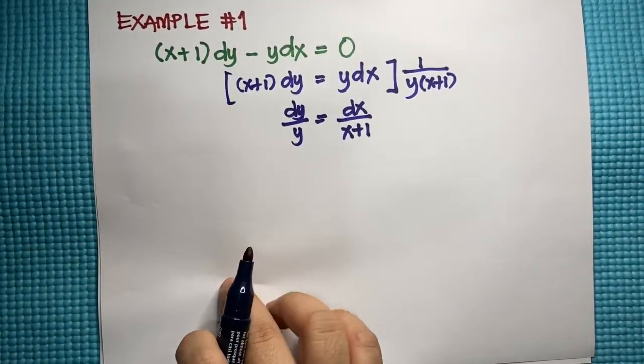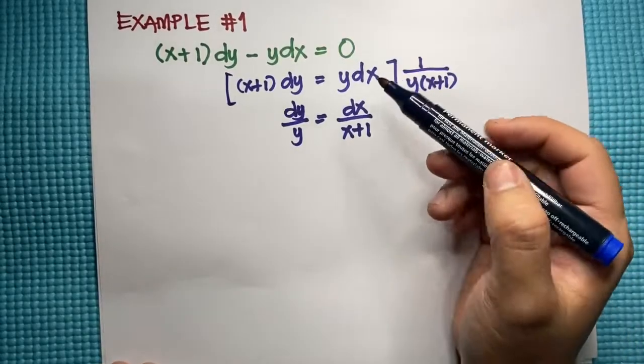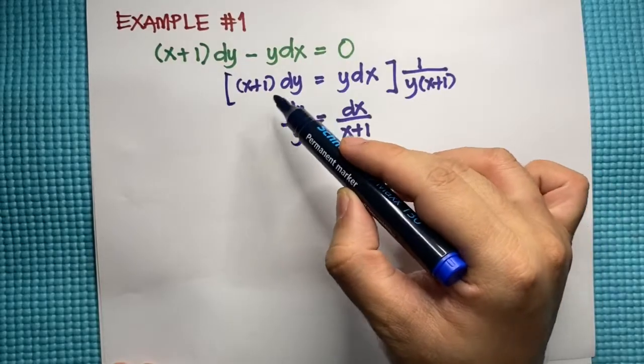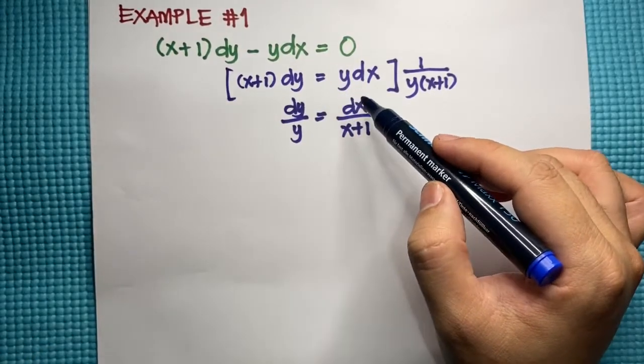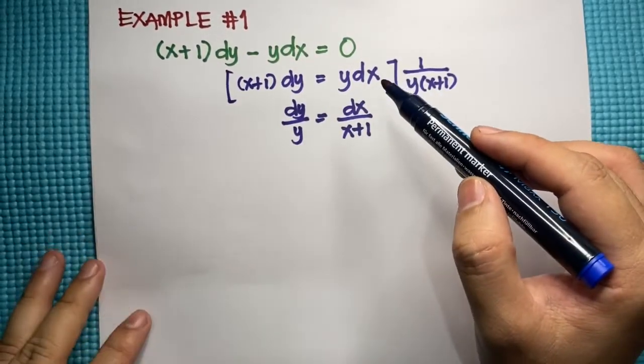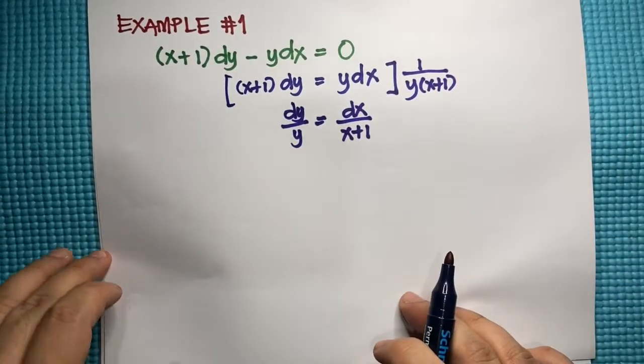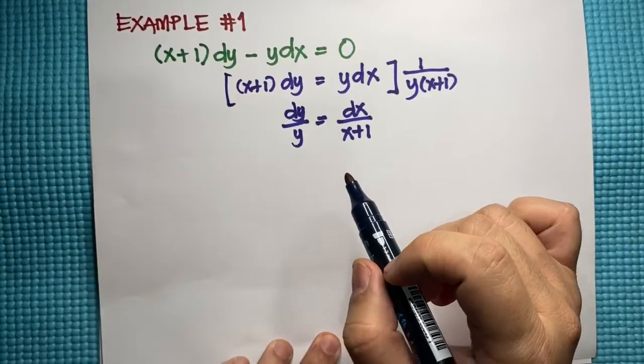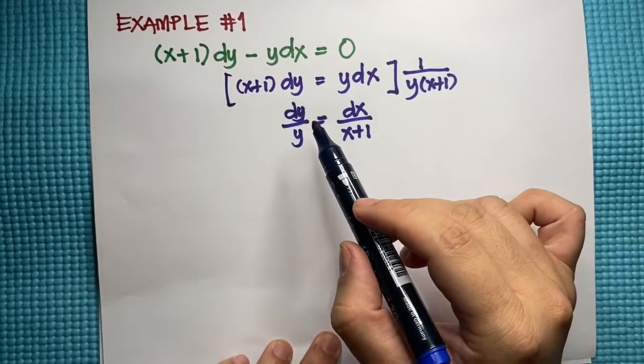From here, we were able to separate the equation such that all y's are on the left hand side and all x's are on the right hand side. Then, to find the general solution of the differential equation, we will be integrating both sides.